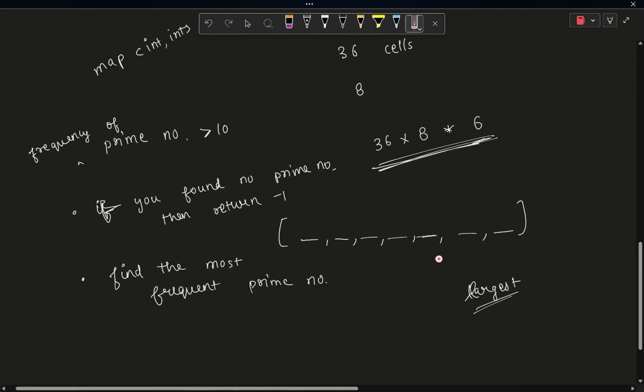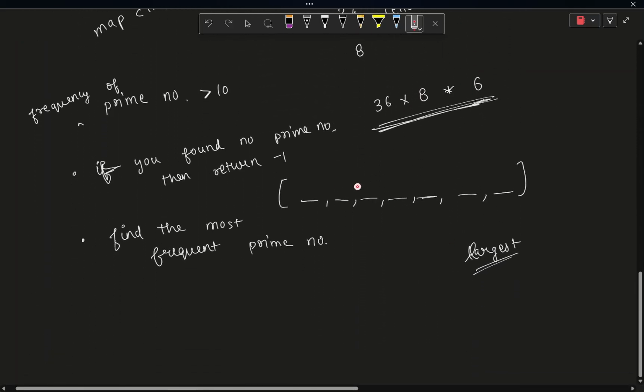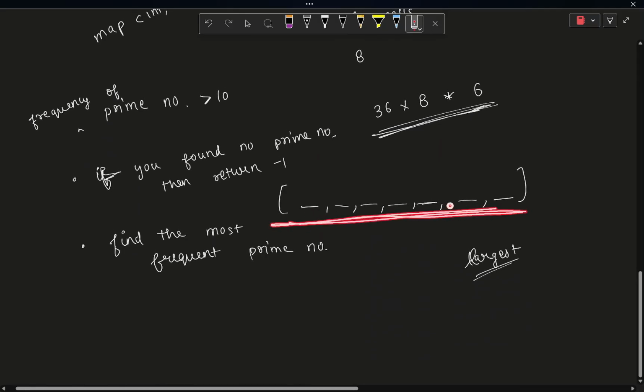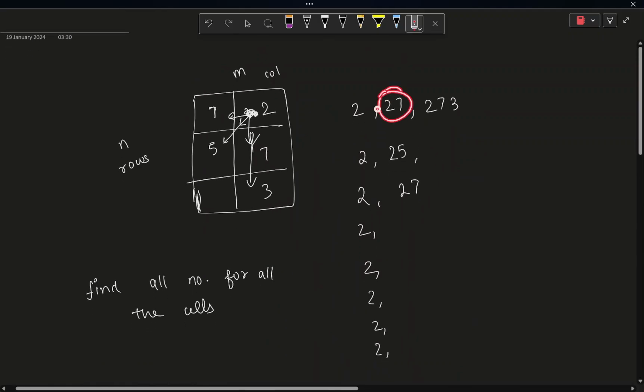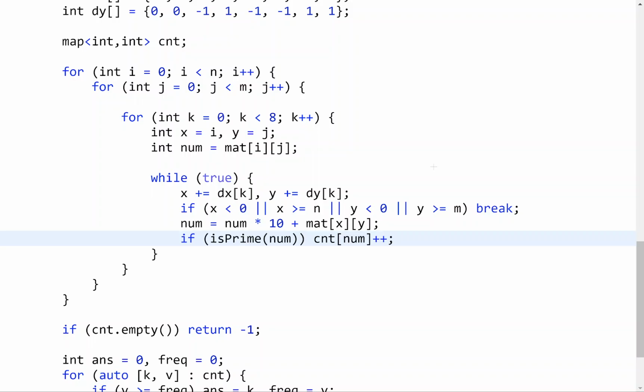So instead of storing all of those numbers inside an array and then finding the frequencies, whenever I find a number, I directly increment its frequency in the map. So I created a map named cnt here.